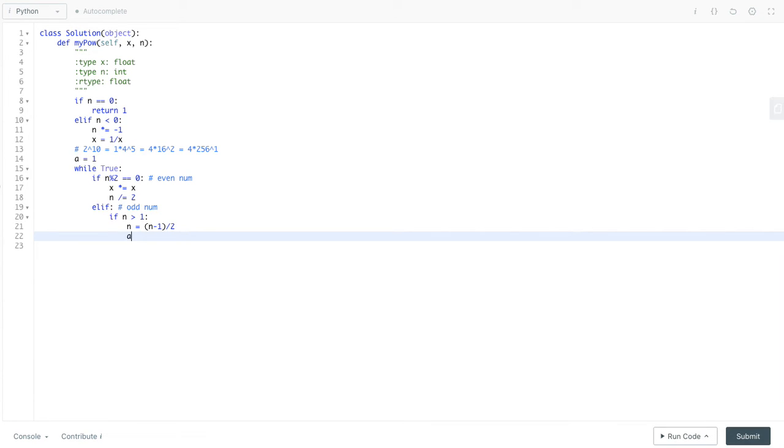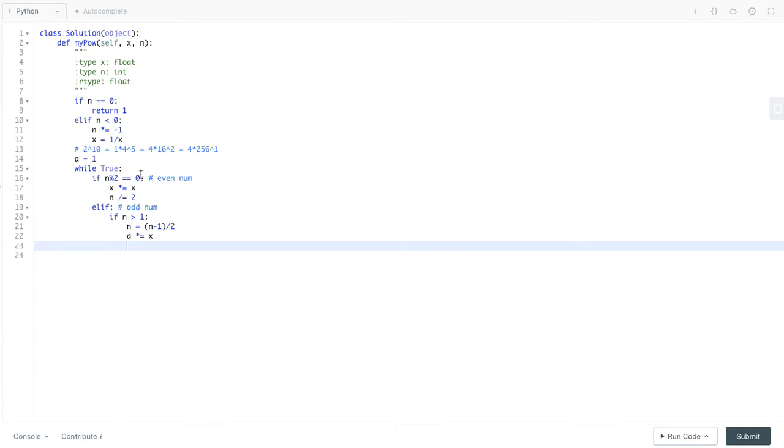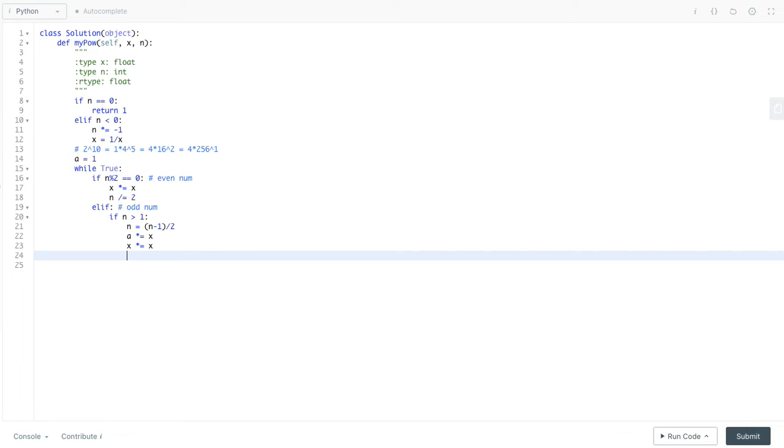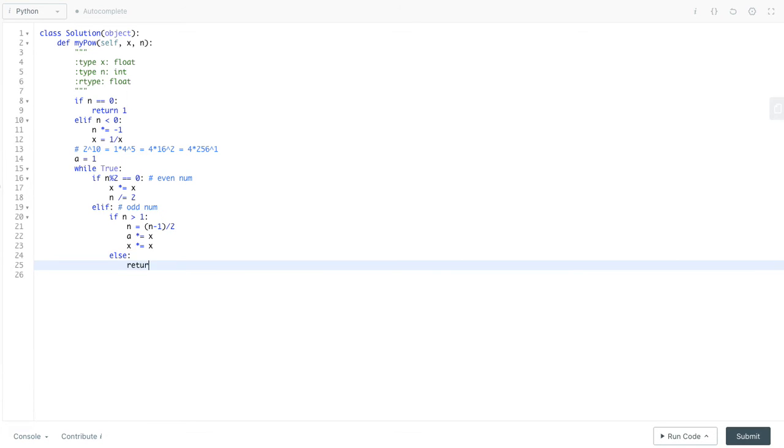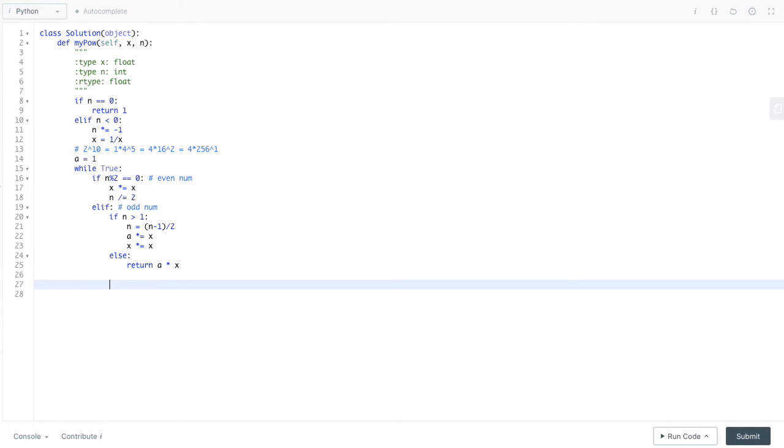So a becomes a times x, and the x also will be x squared, like this. And if it's 1, then we know this a times x will be our answer. So we simply return a times x. And that's our code for power.